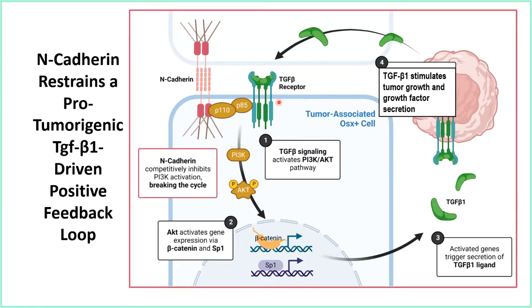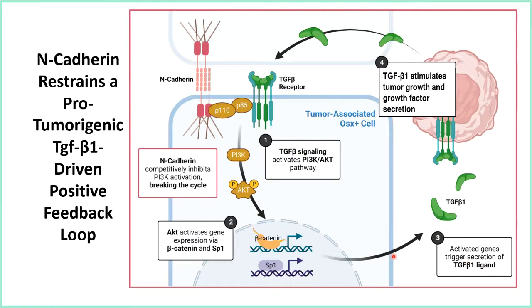So this is what happens when we challenge these cells with TGF-β: activation of AKT, activation of SP1, and stabilization of beta-catenin. This results in downstream activation of genes that also lead to secretion of TGF-β1.